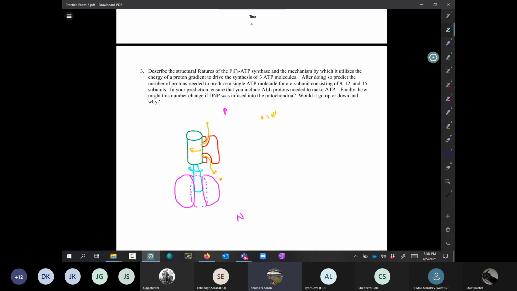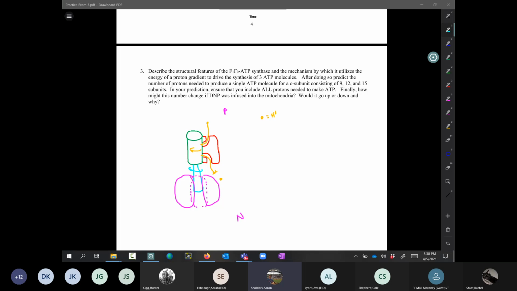And that will happen for every 120-degree turn of the gamma shaft. So that's the structural features. That's like 3 days worth of lecture combined into about 5 minutes, so obviously it's missing some detail. But generally speaking, that's what we're talking about.